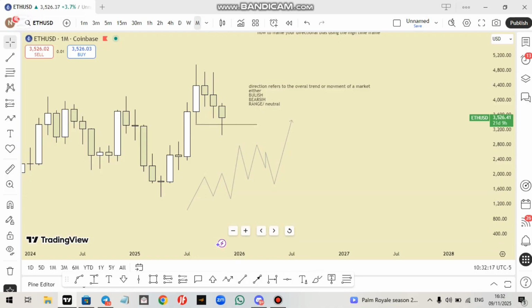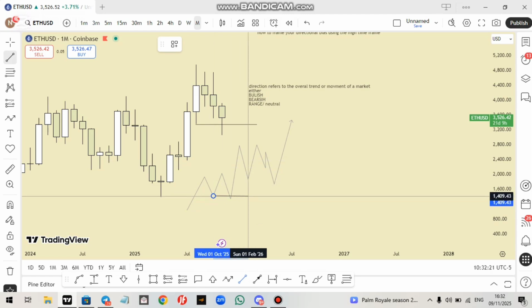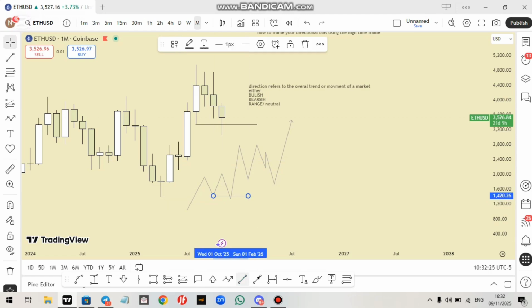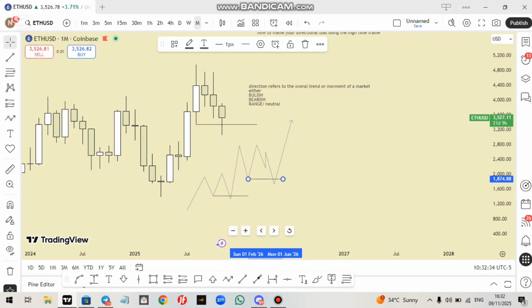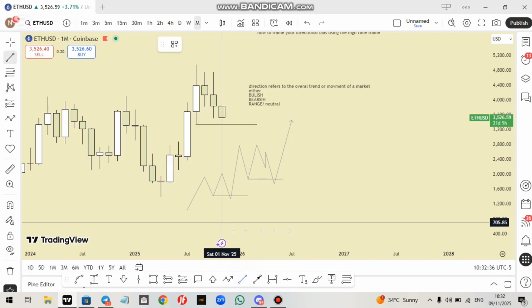These are lows. Price is rejecting below all these old lows, respecting the bullish trend, right? Rejecting below lows, breaking above highs.